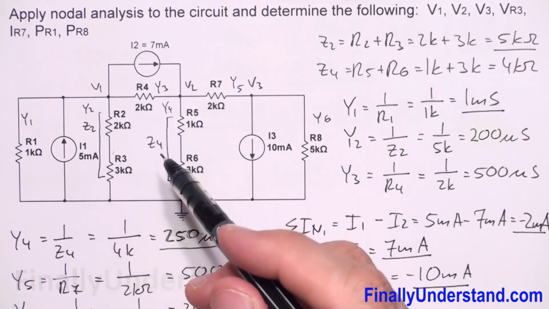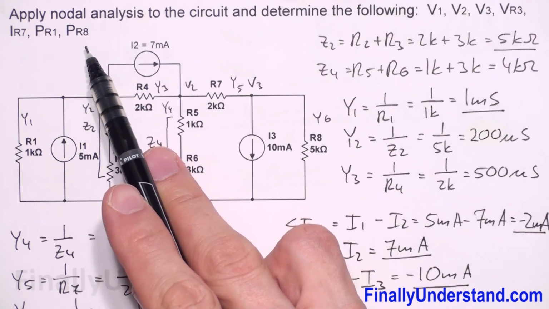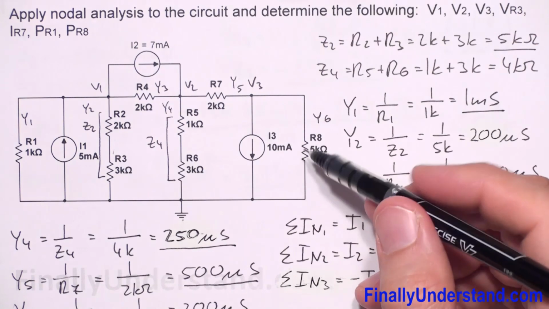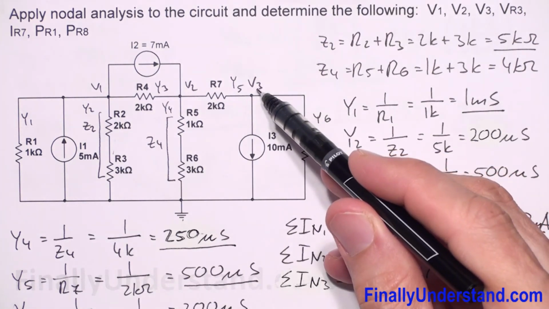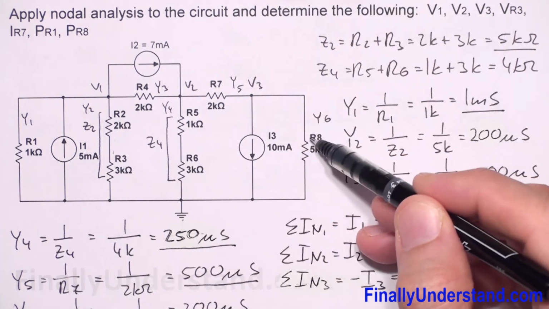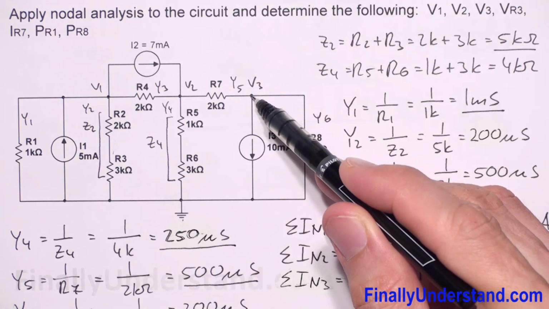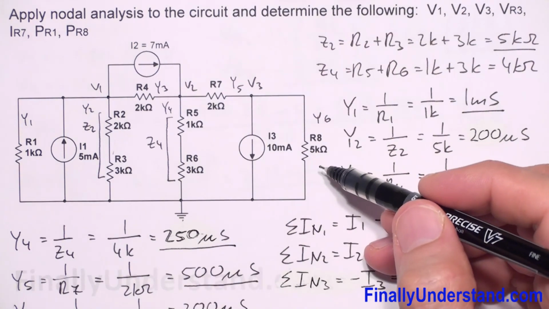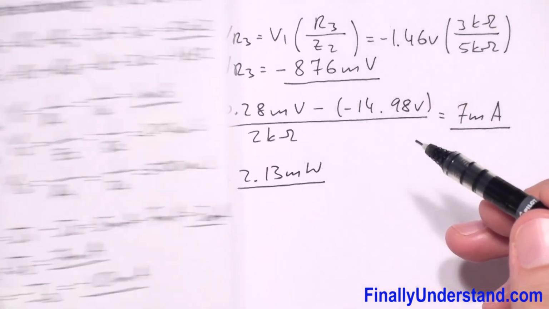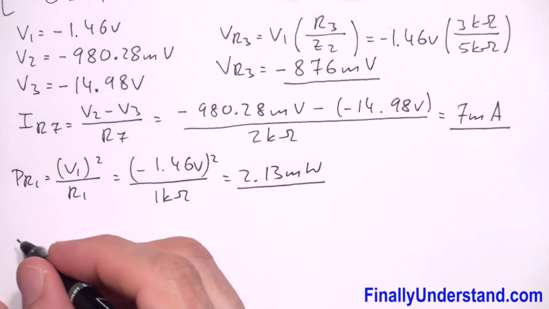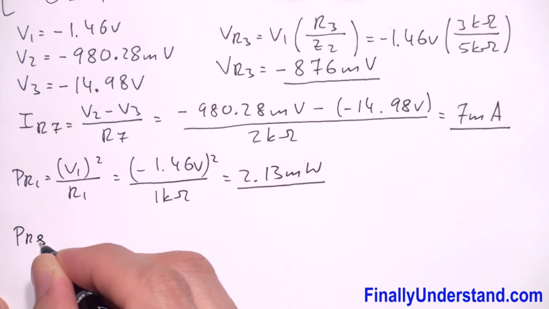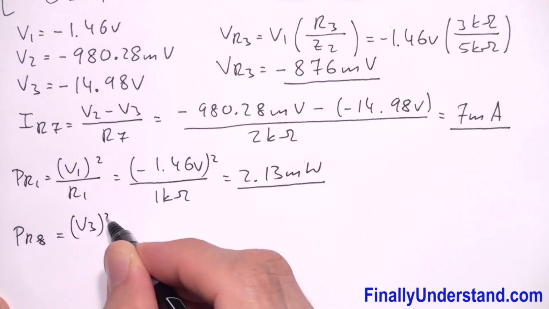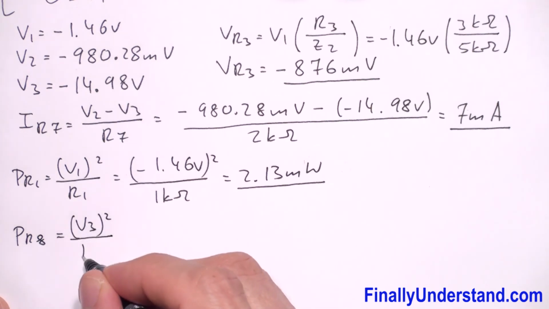Next, I'm supposed to find PR8, the power at resistor R8. Very similar situation. Voltage V3 is the voltage across this resistor. V3 is the voltage between this point and ground, and this is also the voltage across resistor R8. That's why I'm going to write that PR8 is equal to V3 to the second power over R8.